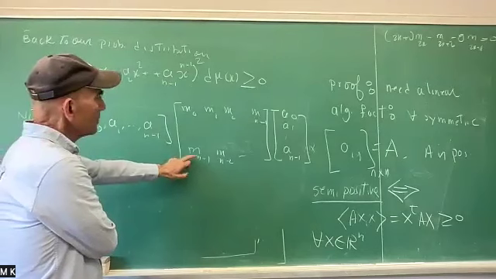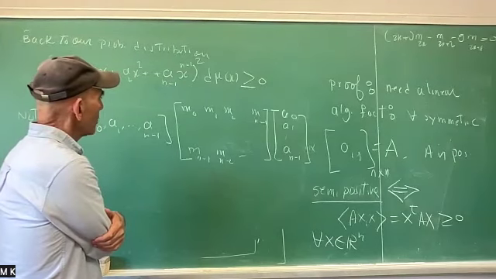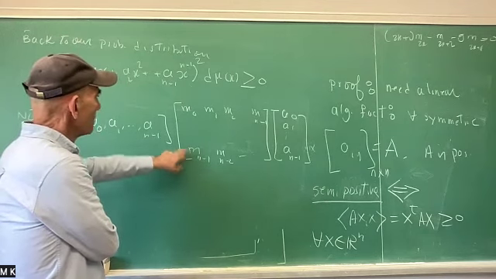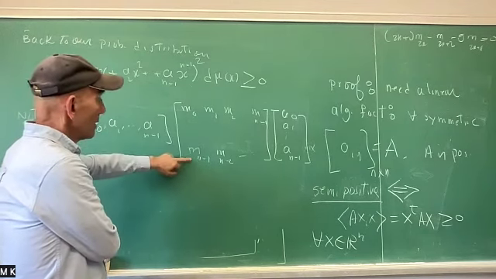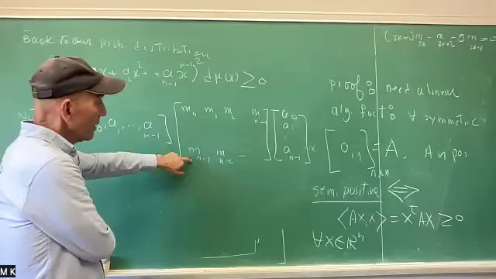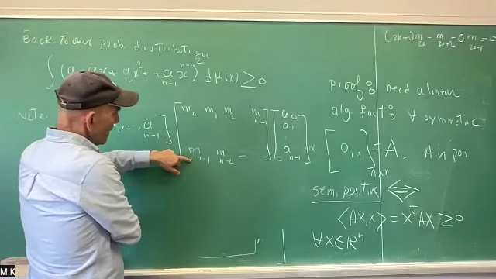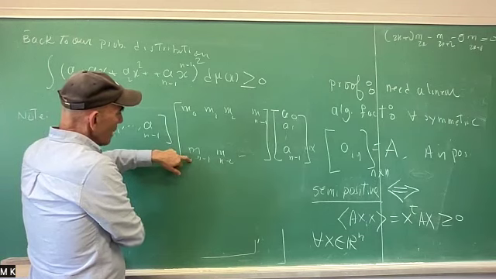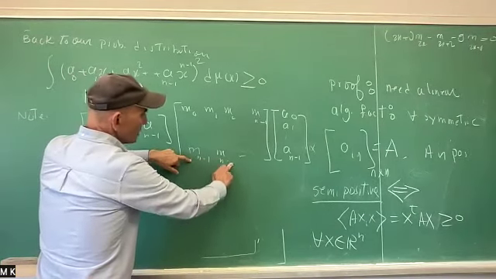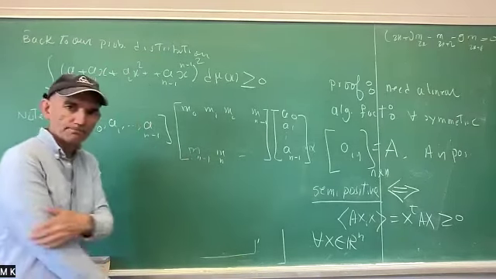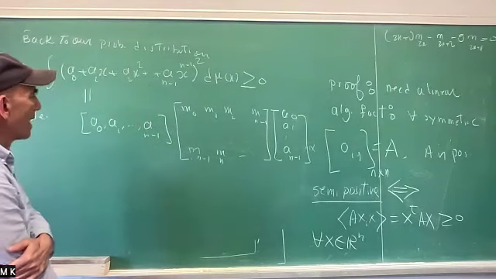Yes, the last row is m_{n-1}, and then of course this moves forward, so m_n. Yes, absolutely. Thank you. Excellent.